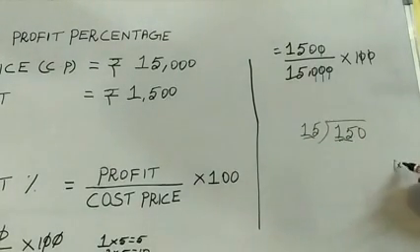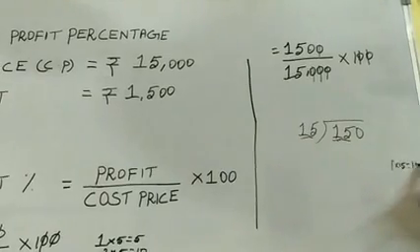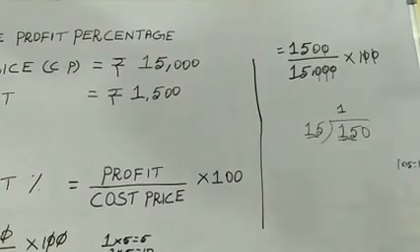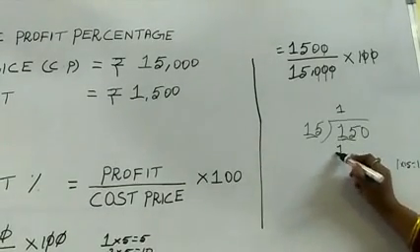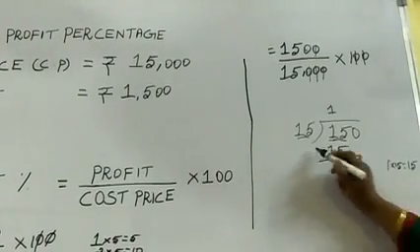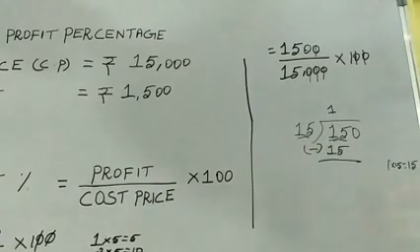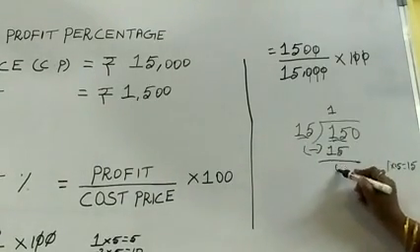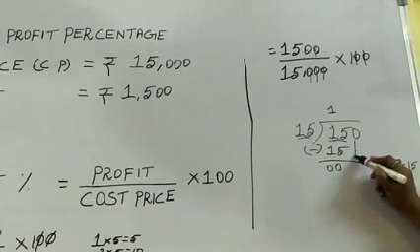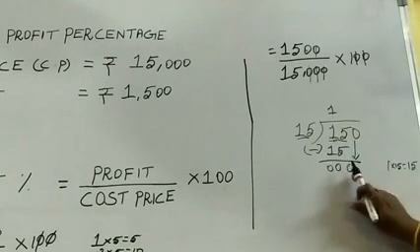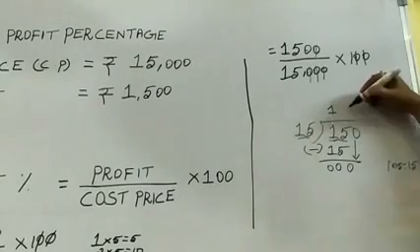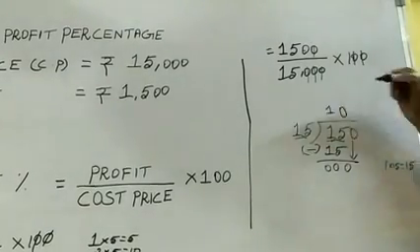So 1 15 is 15. So how many times, children? 1 time. So 1 15 is 15. Subtraction. Division is repeated subtraction. So what comes now? 0. Again you bring down 0. This 0 can't be divided by 15, so you have to add one more 0 here.